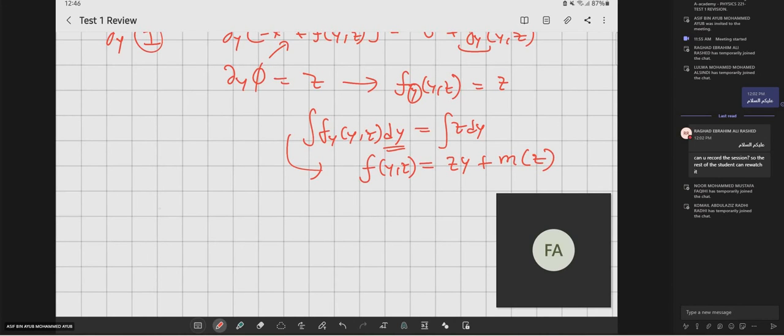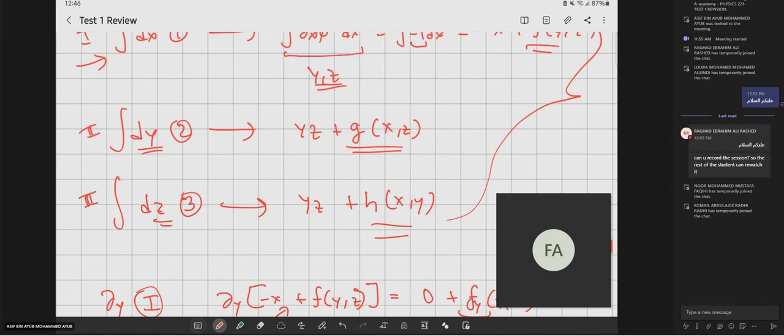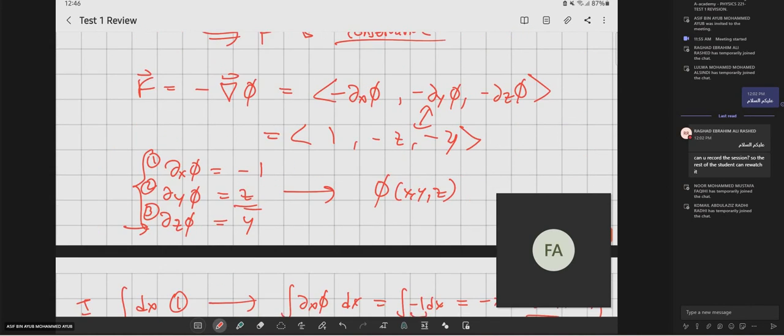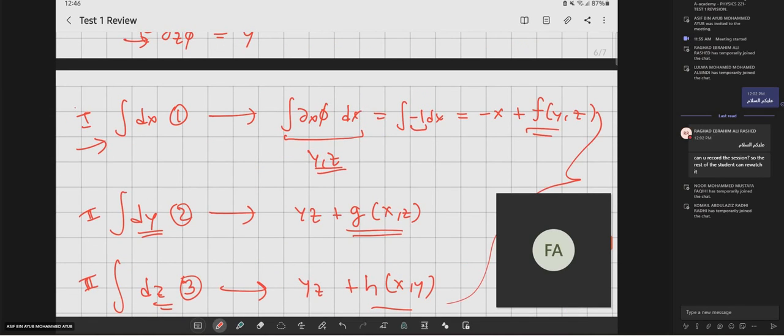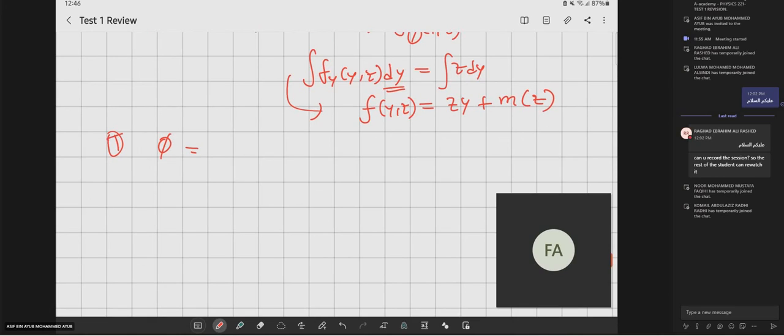Okay, so let's substitute. Phi equals, from the first one, minus x plus f, which is minus x plus this thing, zy plus m of z. Now, how do I find this m of z?